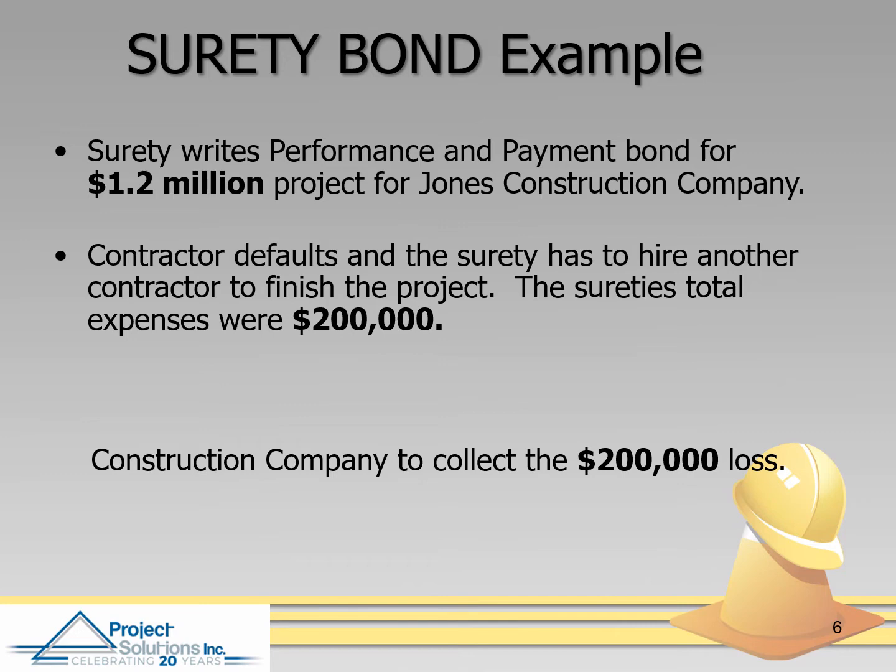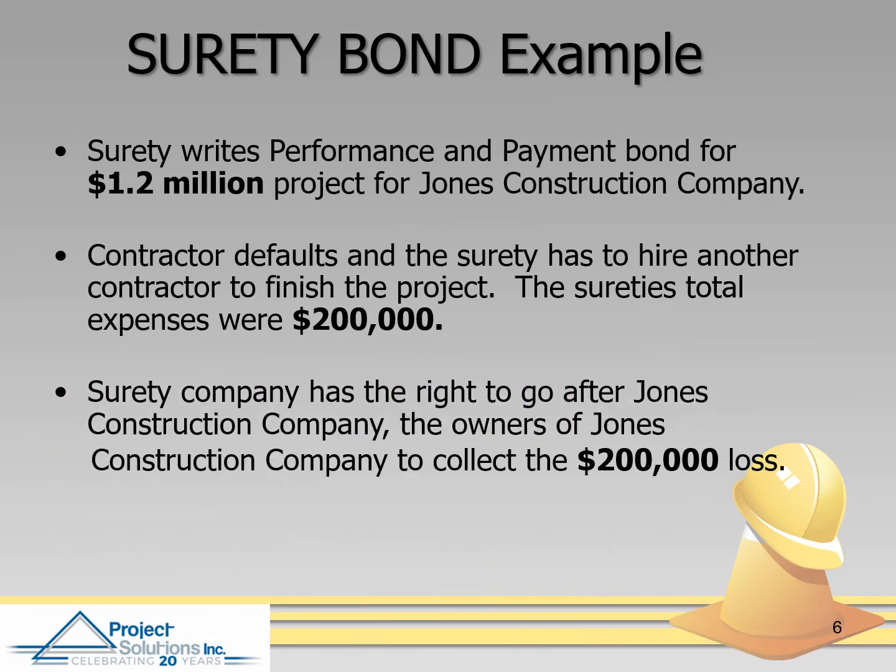The surety is going to go back to Jones Construction Company as well as the owners to collect the $200,000 loss. The people who buy the bonds know this is how it works, so they understand that if they fail to perform and a claim is filed, their bonding company is going to come back against them to recoup those losses.